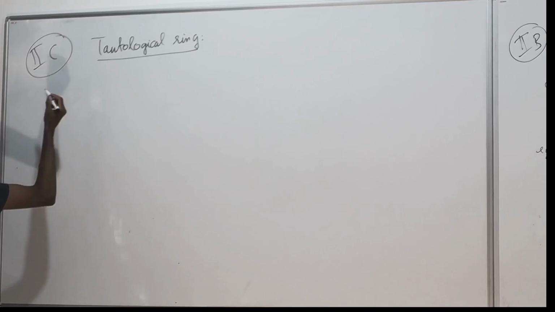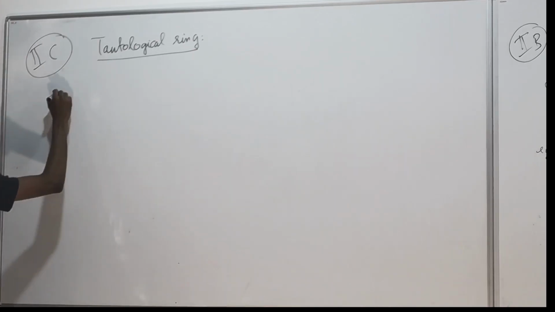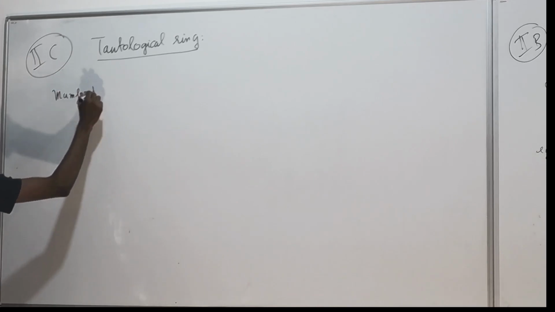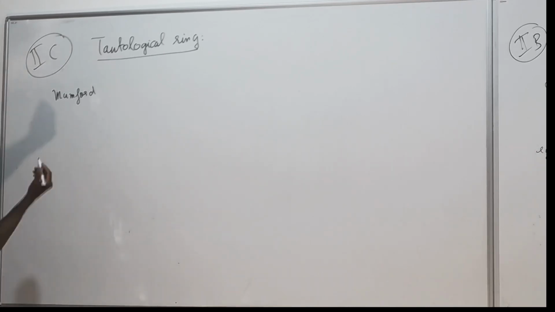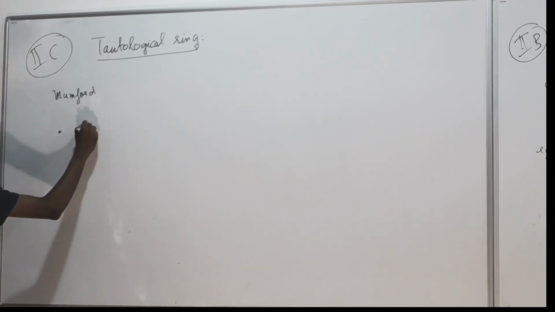Okay, so the study of the tautological ring was started by Mumford. And Mumford wanted to study something that he called the most important cohomology classes. And we've already seen some of the cohomology classes that we want. There's an obvious one, which is 1. What is 1?